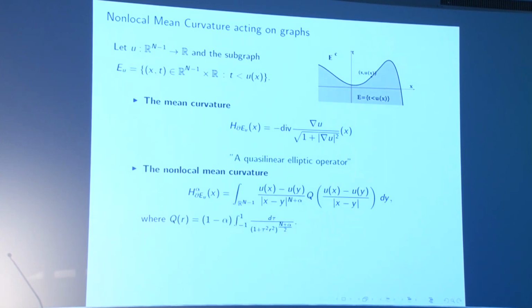So for the non-local mean curvature, the expression is very strange, right? You have these integral equations with a Q here, which measures u(x) minus u(y). The Q is somehow related to something that looks like the Lipschitz seminorm of u, and then you have u(x) minus u(y).